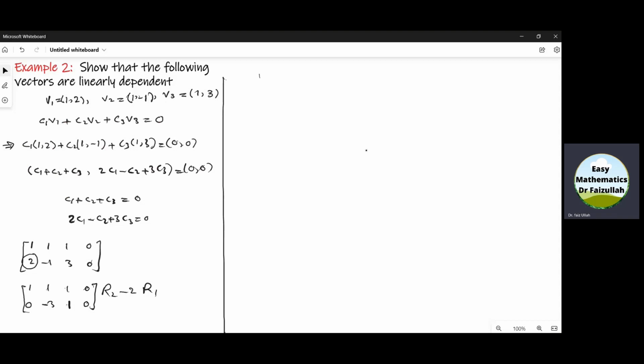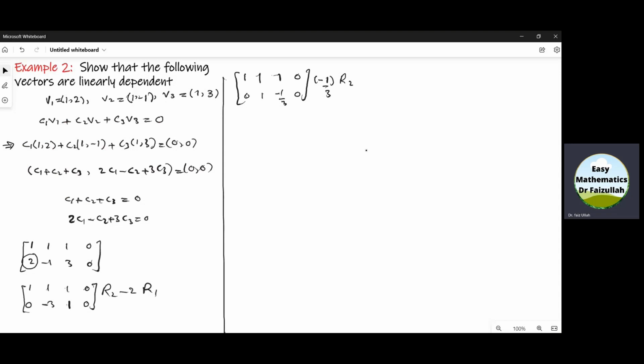Now this minus 3 should be 1. So let us apply another row operation. We write 1, 1, 1, 0. And then we multiply row number 2 with minus 1 over 3. So we have 0, 1, minus 1 over 3 and 0.